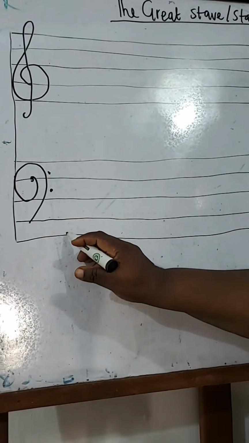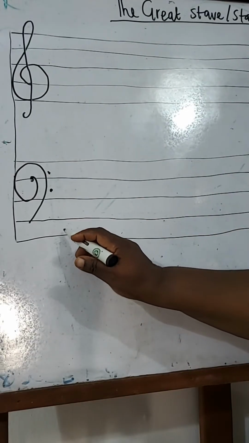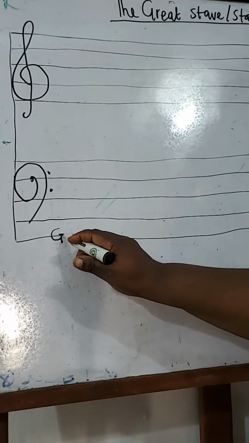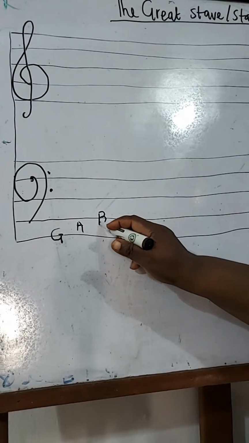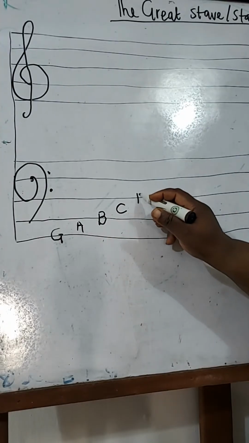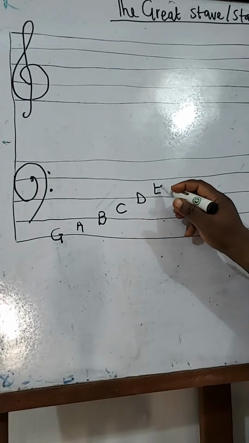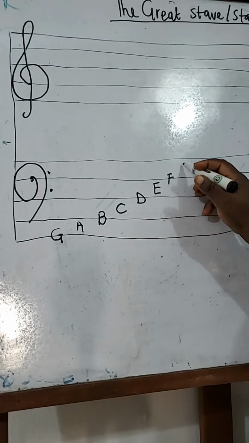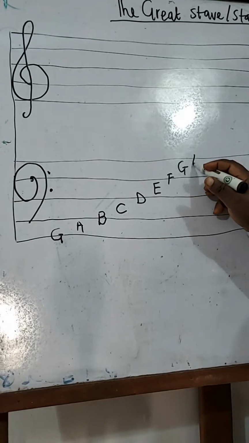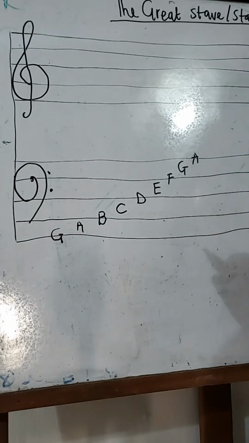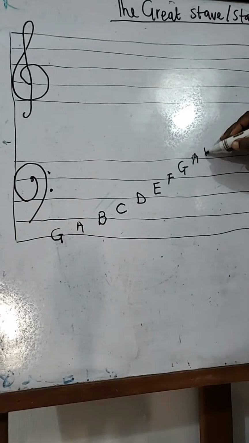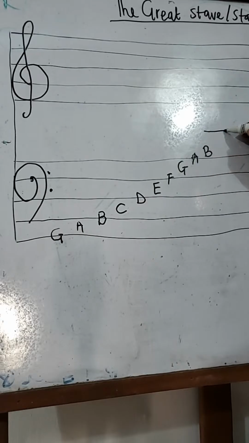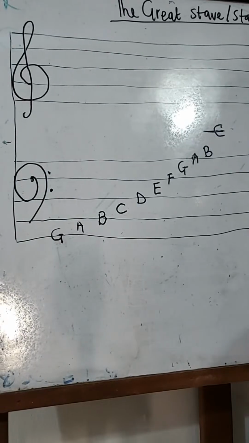The first line of the bass stave is G. After G, the space is A, then line B, space C, line D, space E, line F, space G, line A. There's no H, please. A, space B, line C. That is the middle C.